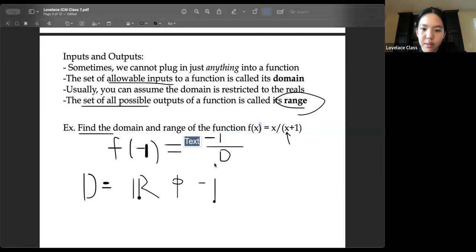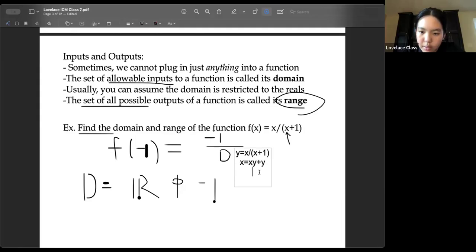So for example, we said y equals x over x plus 1. We manipulate it to get x in terms of y, so then we can see what we can plug in. We move x plus 1 to the other side, and we get x is equal to xy plus y.